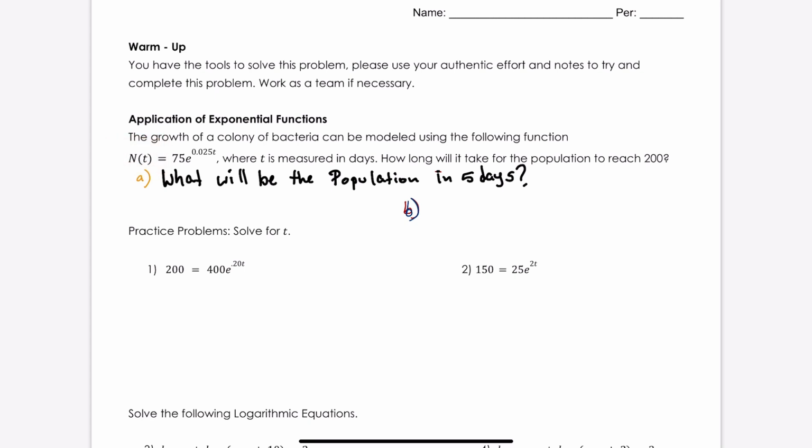So the only real way you could do this is straightforward. What we're going to do is just plug in 5 days for t. So n of, not t anymore, but 5 equals 75 e to the 0.025 and then 5 for time, right?